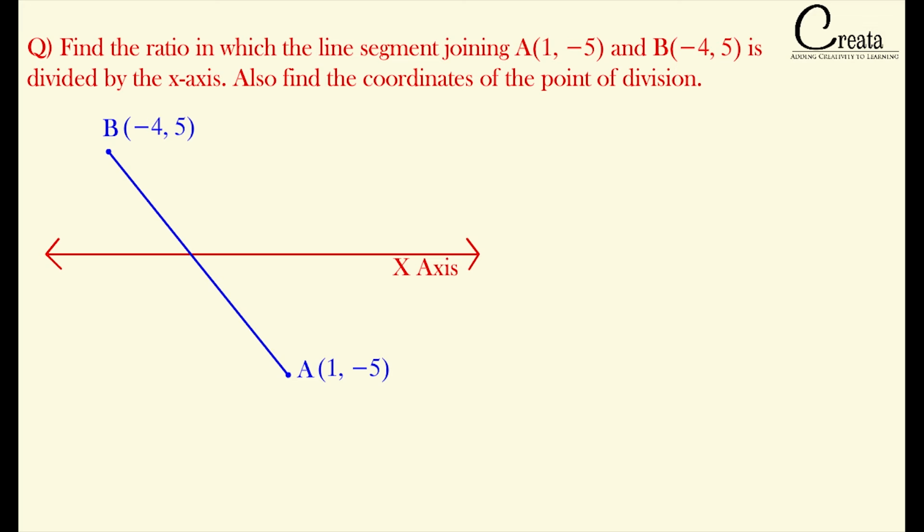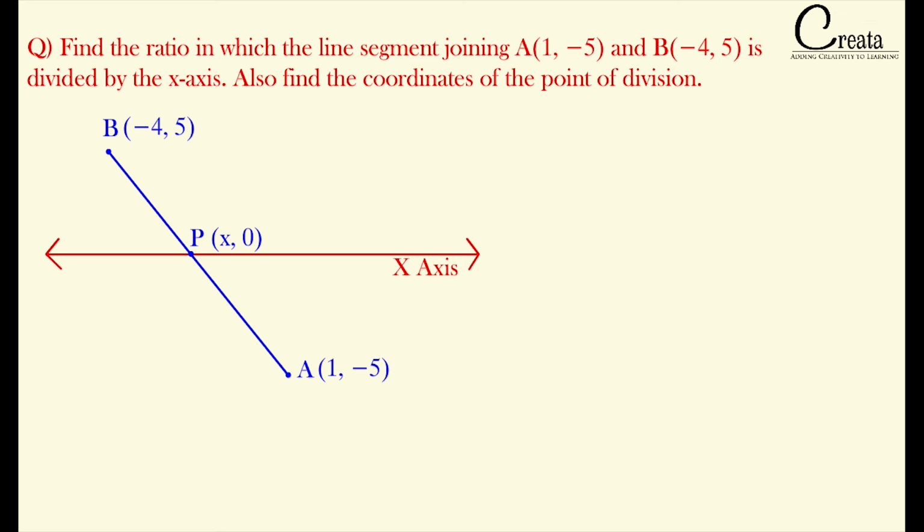And we know on the x-axis the y coordinate is 0. If we assume the point P, which is dividing this line segment into some ratio, is coming on the x-axis, the coordinates of this point will be (x, 0). Here we have assumed the x coordinate of point P as x, and we know on the x-axis the y coordinate will be 0. Okay, so we got the coordinates of point P as (x, 0).